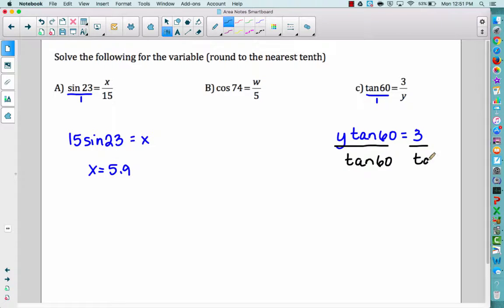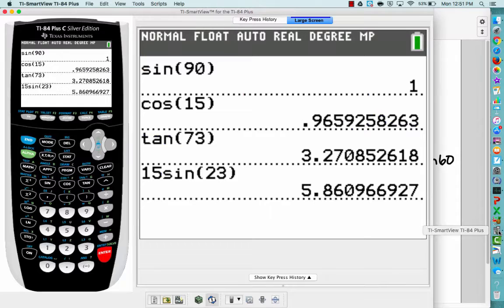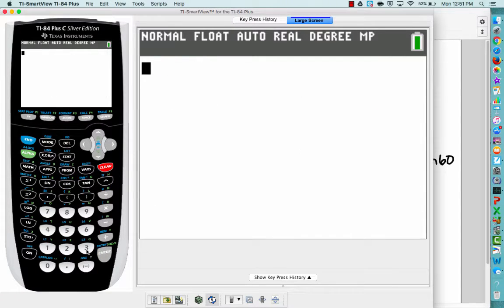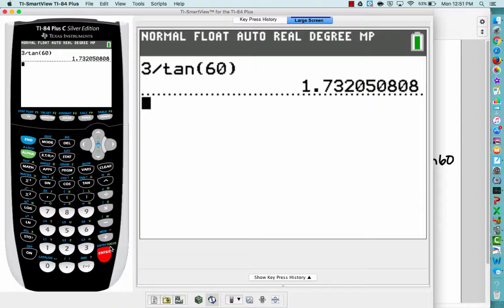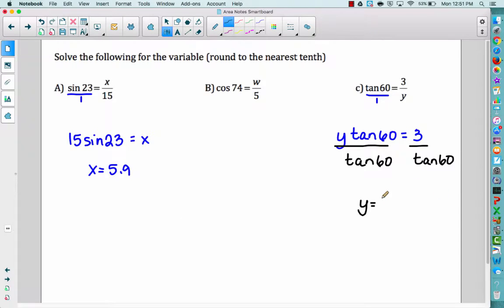So look at the difference in the equations. This one's a division, whereas the other one was a multiplication. So we've got 3 divided by tan of 60, and we get 1.7. All right, so that's how to solve an equation that involves trig.